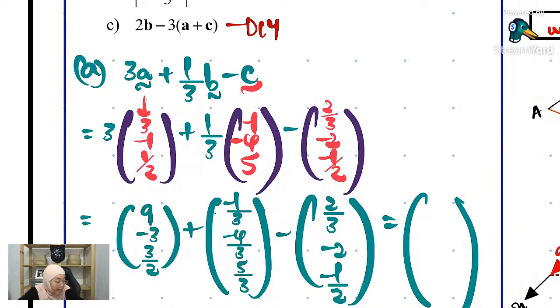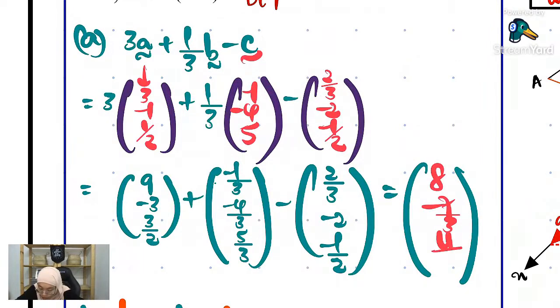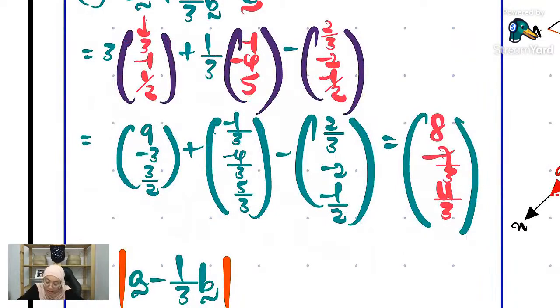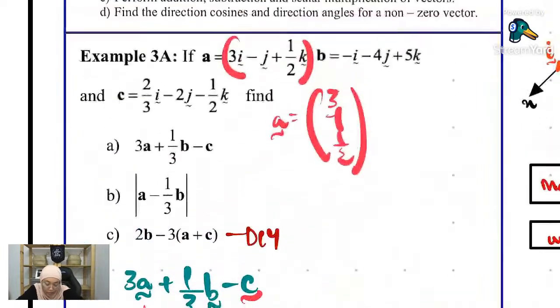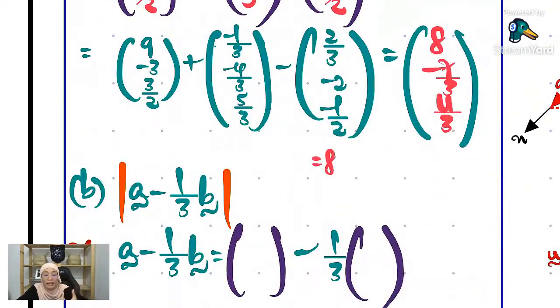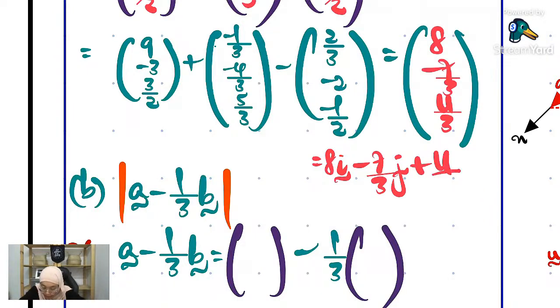And we will get 8, negative 7 over 3. Please calculate it yourself, all right? And then 11 over 3. And then we cannot leave our answers like that. We must write it down in IJK form. Actually every vector answer is most appropriate to be written back in the form of I, J and K.